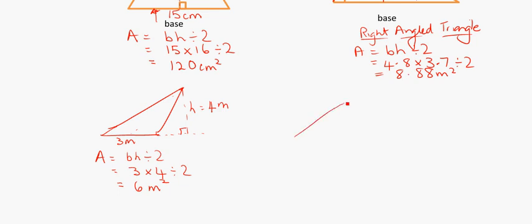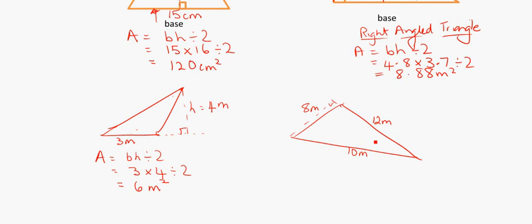And also, it doesn't always have to be sitting on its base. You might be given 12 meters here. Okay, you're given a height onto that base of 8 meters, and you might be given this side here.